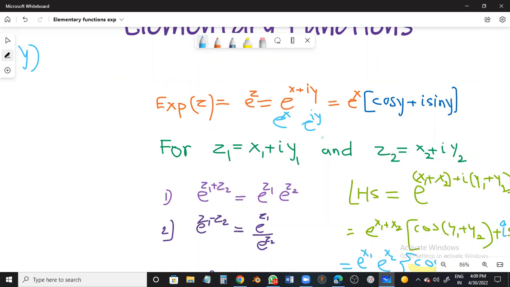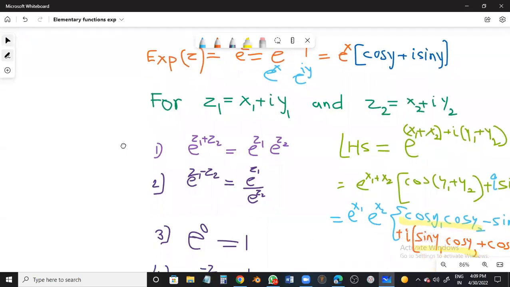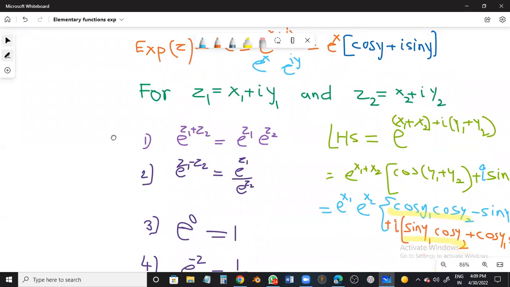Euler has given this equation, e raised to iy is nothing but cos y plus i sin y. So this number e raised to z now becomes e raised to x (cos y plus i sin y). Now we are interested in checking whether it obeys the laws of indices as a whole or not, as far as complex numbers are concerned.